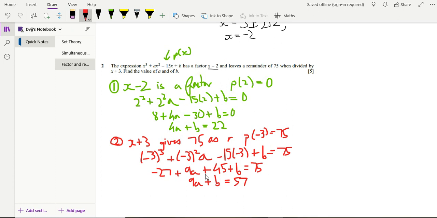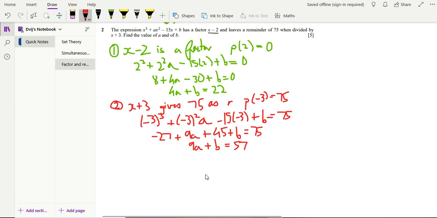So we have our two equations, and we know from simultaneous equations that when we want to solve both equations simultaneously, we can either use elimination or substitution. In this case, I think substitution is probably a little bit harder to do, so I would personally go for elimination. You can choose whichever one you want.